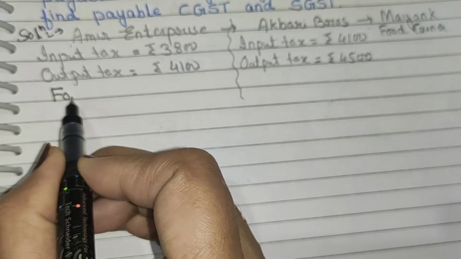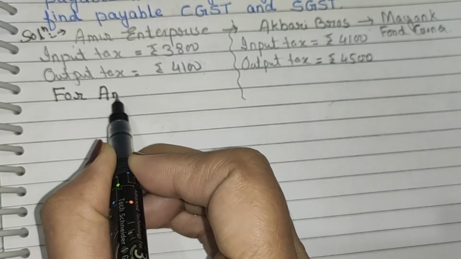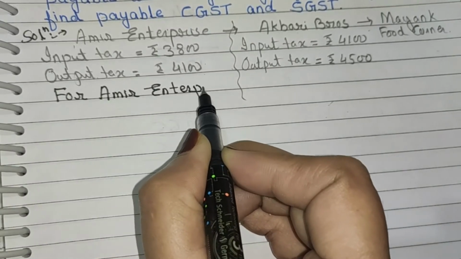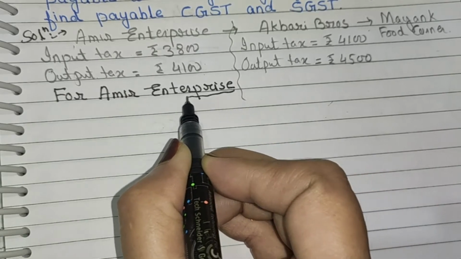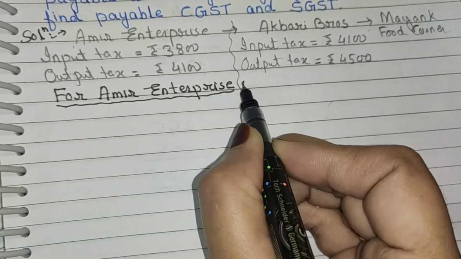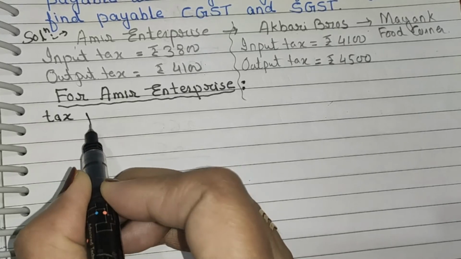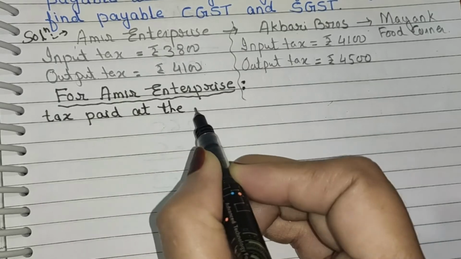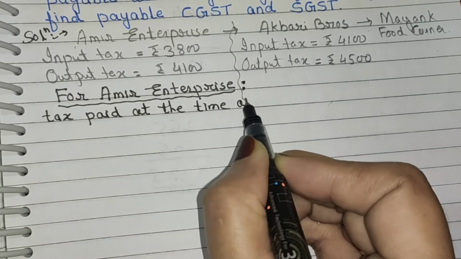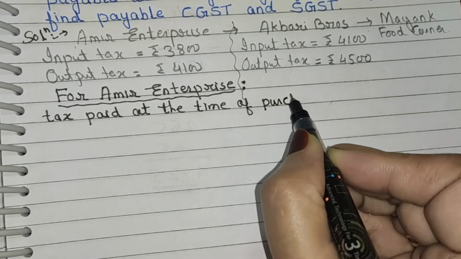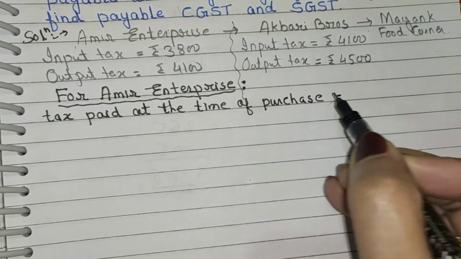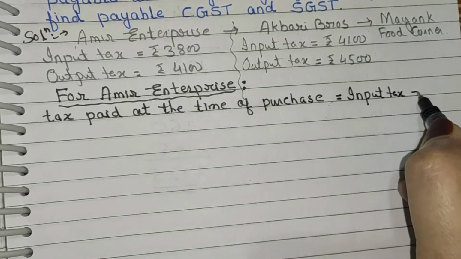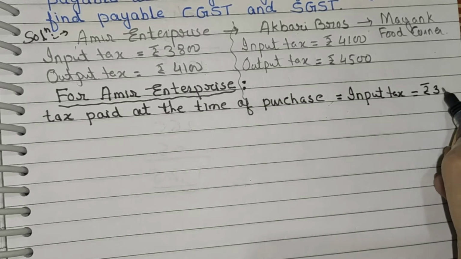For Amir Enterprise, tax paid at the time of purchase, which is equal to input tax, rupees 3,800.